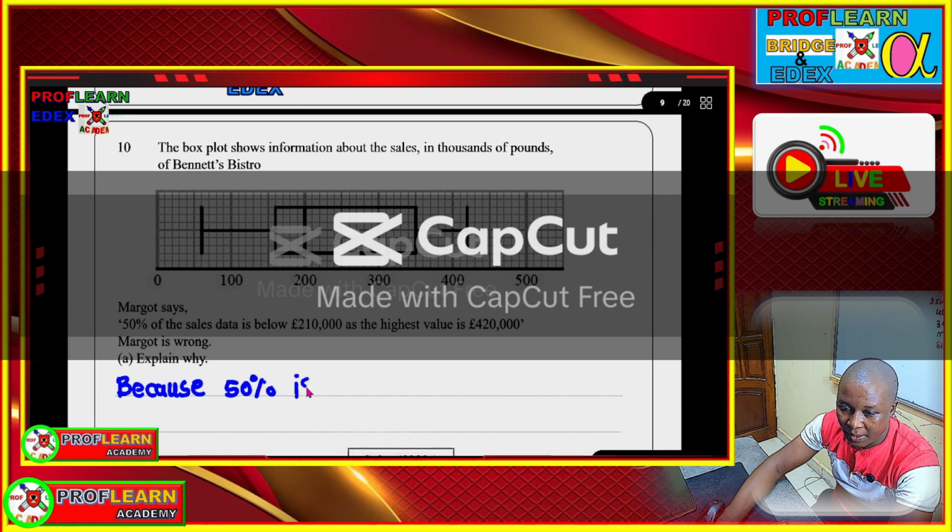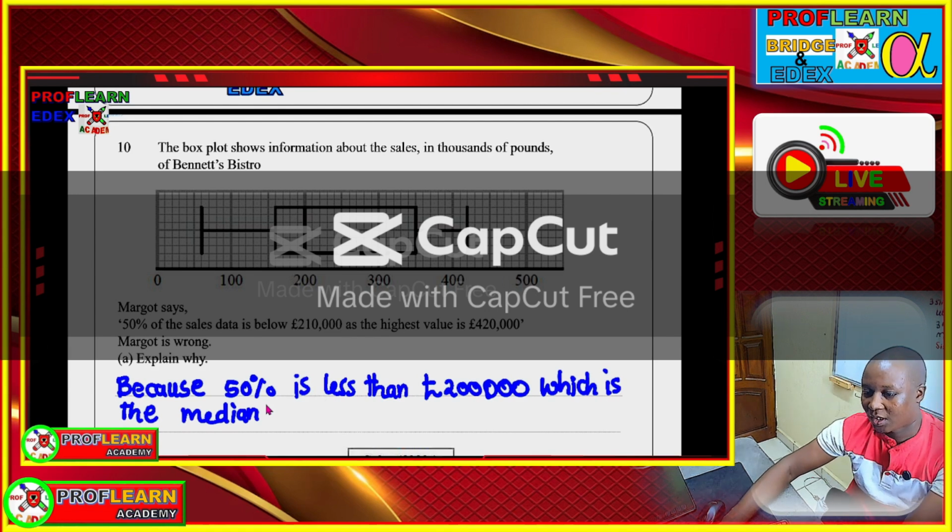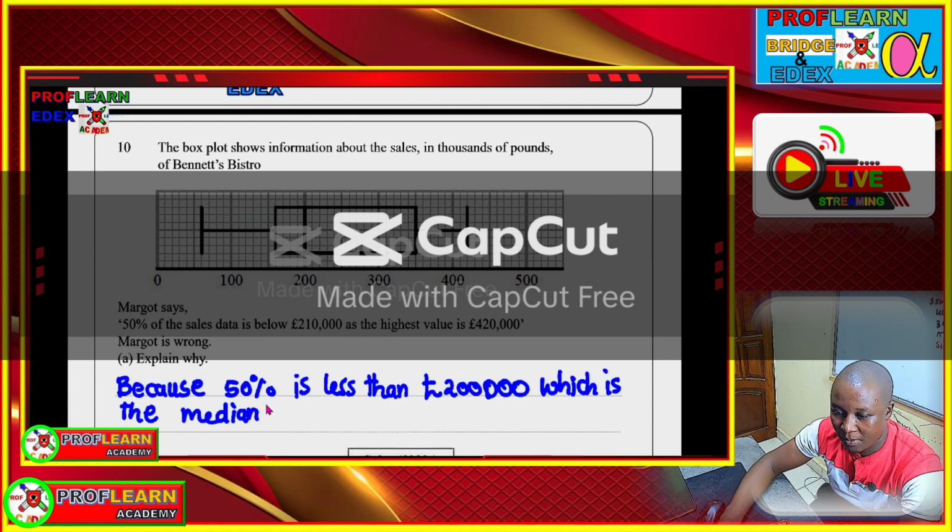Margot is wrong because 50% is less than 200,000, which is the median. In this case, if you look at that, we have the median, so we can say Margot is wrong. The reason is that 50% is less than 200,000, which is the median.